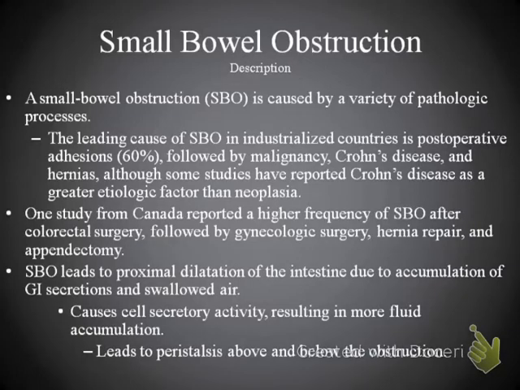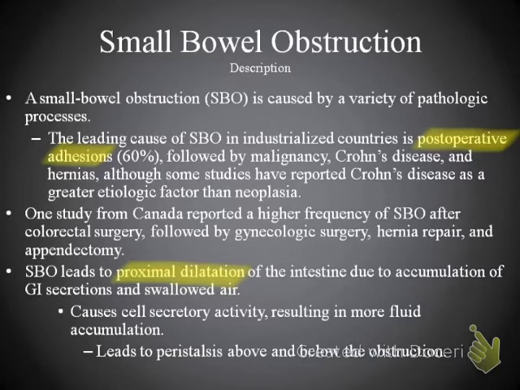So the thing that you really need to keep in mind here is that most are caused by postoperative adhesions. So the greatest amount of small bowel obstructions are simply a result of scar tissue, things like that, actually causing obstructions. Another thing to keep in mind is that it leads to proximal dilatation, and what we mean is dilation here.